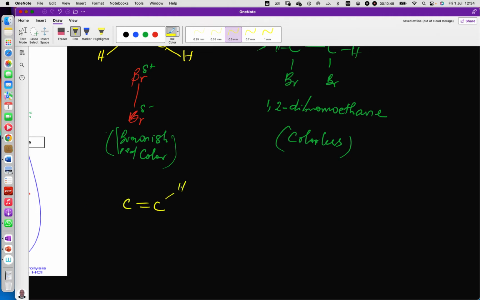This is an alkene, plus a hydrogen bromide.